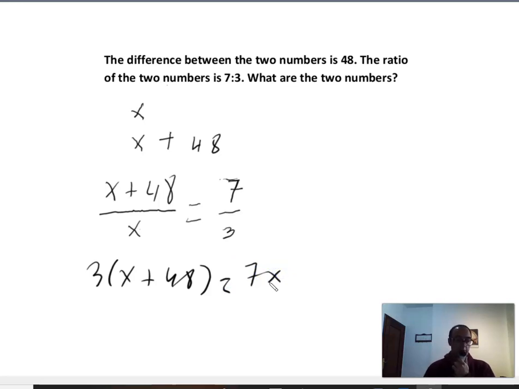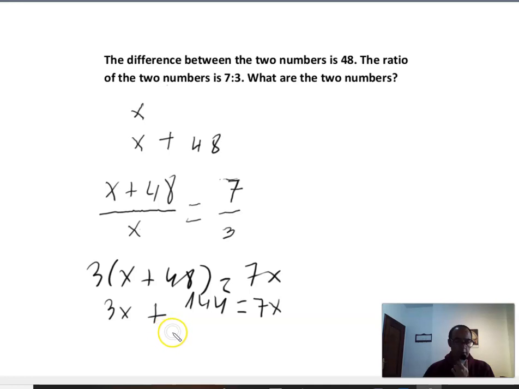If we apply the distributive property on the left side, we get 3 times x plus 3 times 48, and 3 times 48 equals 144. So our equation is 3 times x plus 144 equals 7 times x.